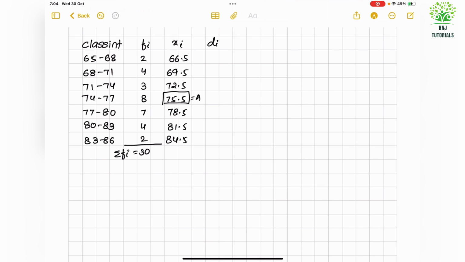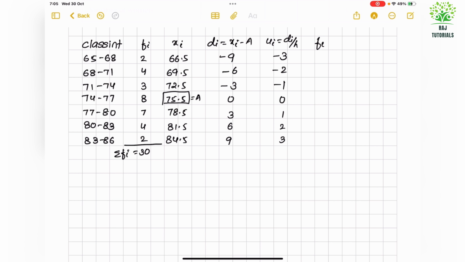Now di equal to xi minus a. So that I will be getting minus 9, minus 6, minus 3, 0, 3, 6 and 9. Now ui equal to di by h. So if I divide with the gap of 3, I will get minus 3, minus 2, minus 1, 0, 1, 2 and 3.